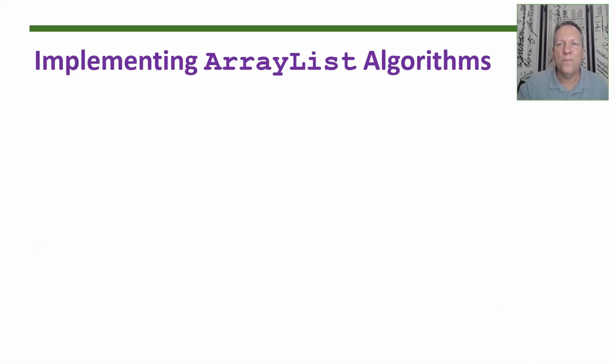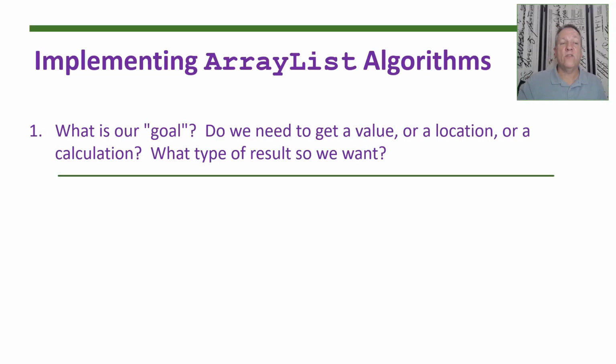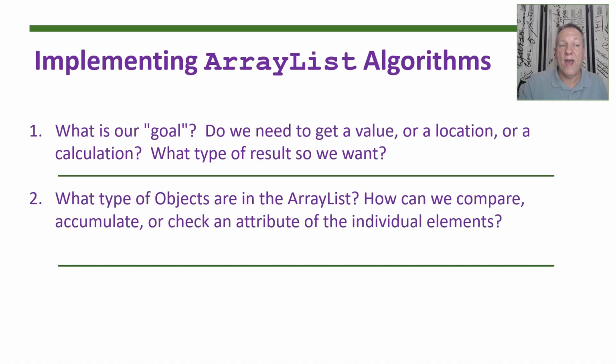Let's get started. So when we talk about implementing ArrayList algorithms, we always want to make sure that we understand what it is we're looking for, evaluate and think about the concept of the algorithm and write those down before we write any code. So asking yourself, what's our goal? Do we need to get a value, a location, a particular element? What type of results do we want to have?